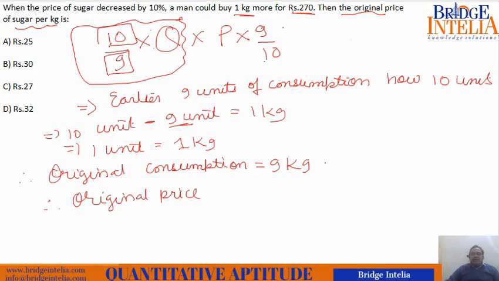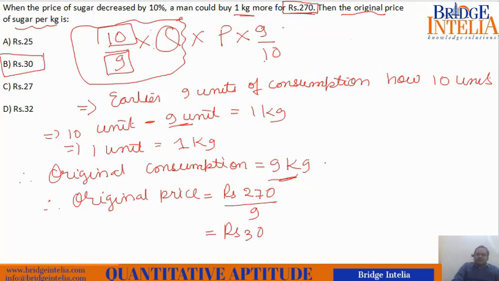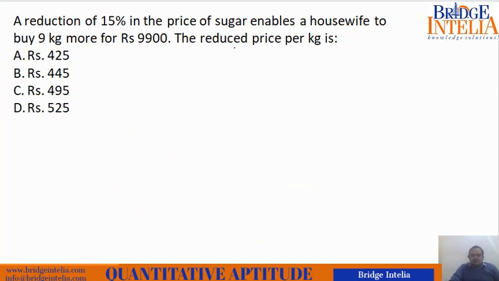It means earlier you were buying 9 kgs for rupees 270. So the original price must have been 270 by 9. So this comes out to be rupees 30. This is the final answer.